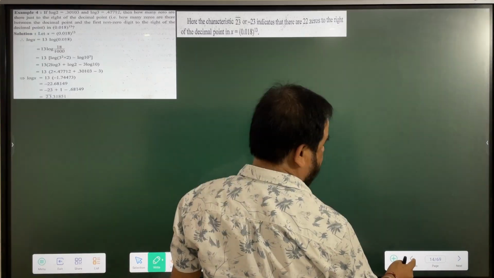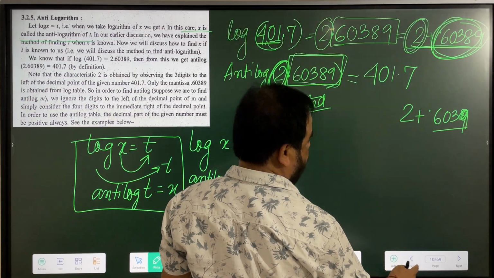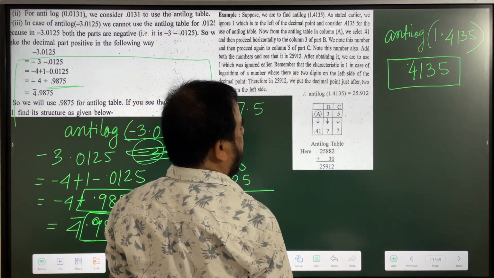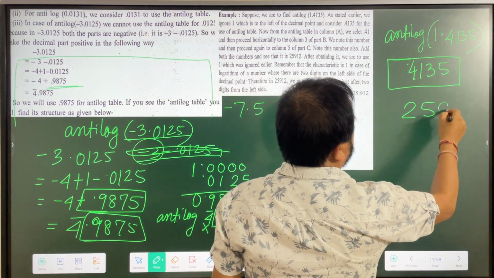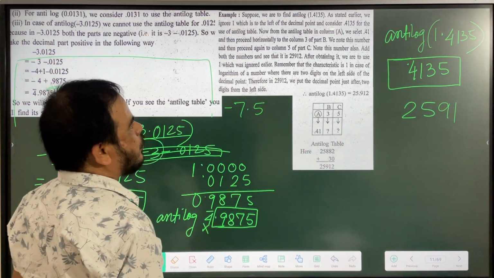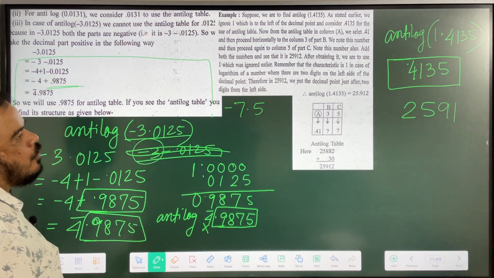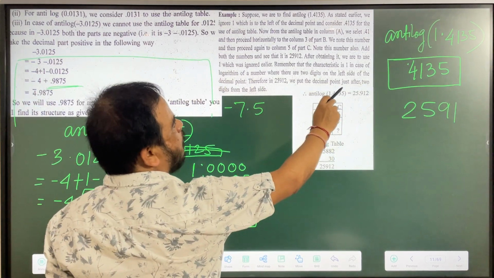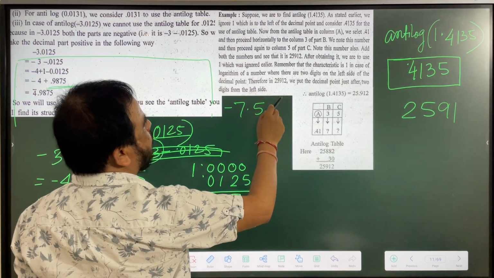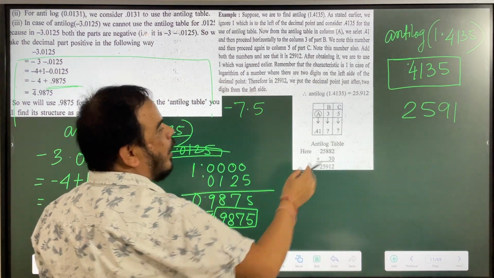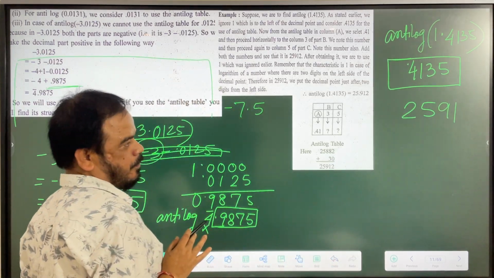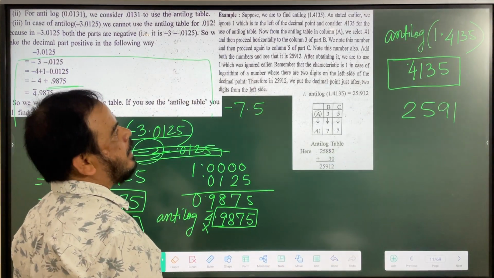Therefore in 2591 we put the decimal point just after 2 digits from the left side. Now where will be the decimal? That is the question.